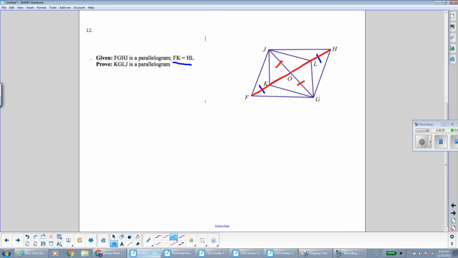So using the subtraction postulate, if we start off with FO and we subtract off FK, we're left over with KO. And if we start with HO and we subtract off HL, we'll be left over with OL over here. And that tells us that we have a parallelogram, that KGLJ is in fact a parallelogram because the diagonals bisect each other.